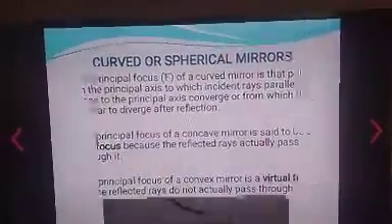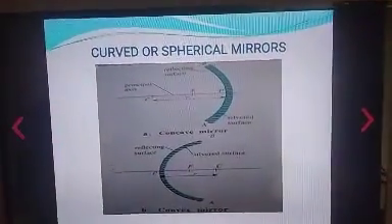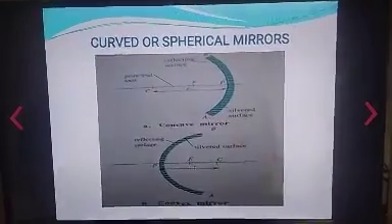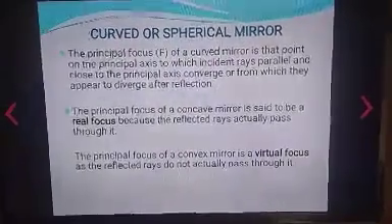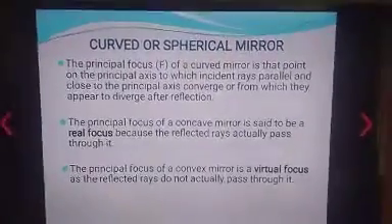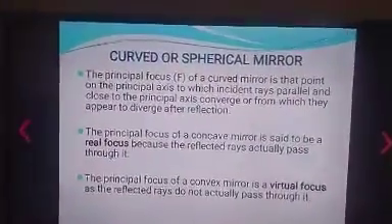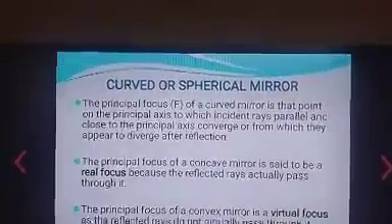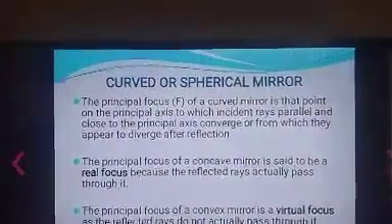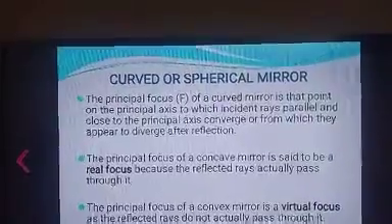From that diagram, we have our principal focus, focal length, and the center of curvature. Now, what is the principal focus of a curved mirror? It is that point on the principal axis to which incident rays parallel and close to the principal axis converge. That is for either converge or diverge.